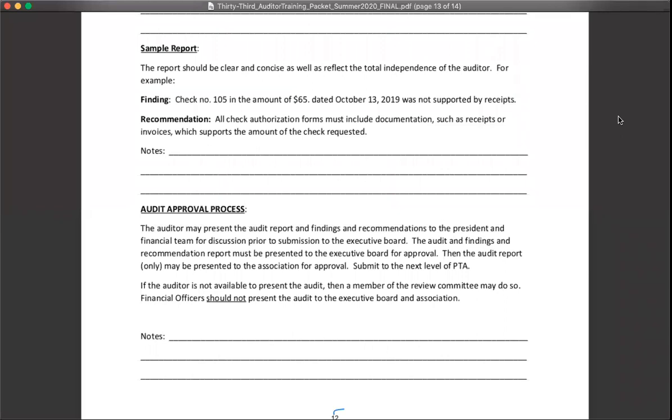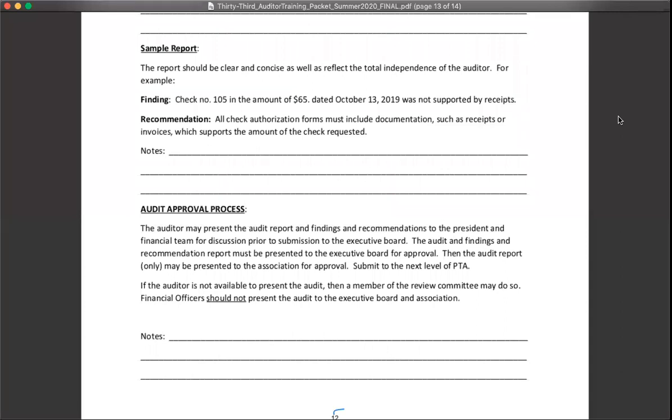The audit approval process: if an audit is correct, there's really no findings or recommendations, then probably there's no need to present it to the president or the financial team. But if there's findings and recommendations, especially if they're assessed against the positions, and again, don't use names. You may use a position, like the treasurer did this or that, but don't use personal names.